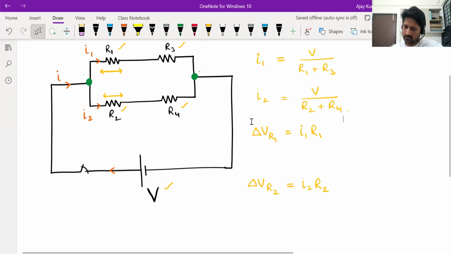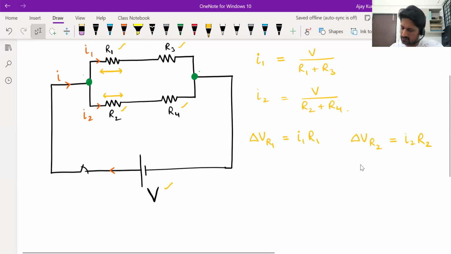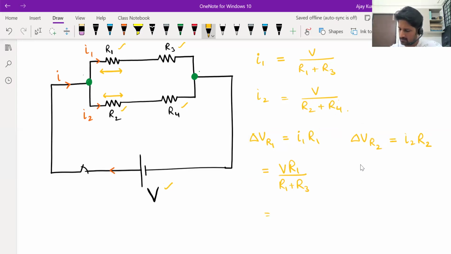Now, potential difference across the first resistor R1 is I1 R1, and I1 is V divided by R1 plus R3. So we can write the potential difference across the first resistance as V by R1 plus R3 into R1, so V R1 by R1 plus R3. This can also be written as V divided by, sending that numerator R1 to the denominator, 1 plus R3 by R1.